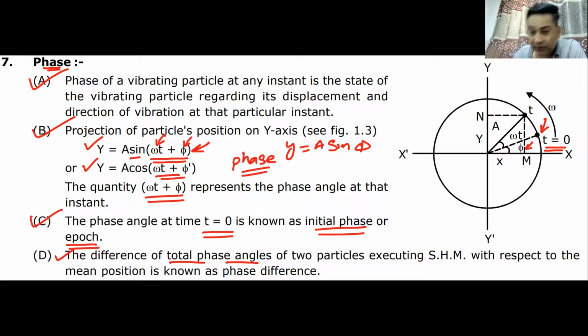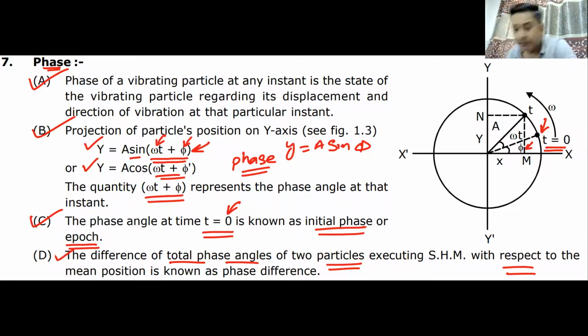What is phase? Whatever angle comes inside sine or cosine, that is known as the phase. At time t is equal to 0, the value of phase is known as initial phase or epoch. The difference of the angle between the two particles with respect to each other is known as phase difference. We have also seen the relation between phase difference, path difference, and time difference. Do we remember this?